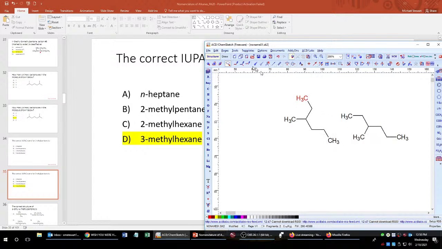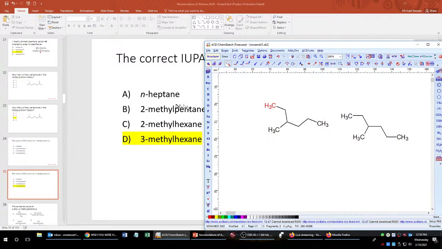If I just take this and rotate that bond around, they end up looking like the exact same molecule.